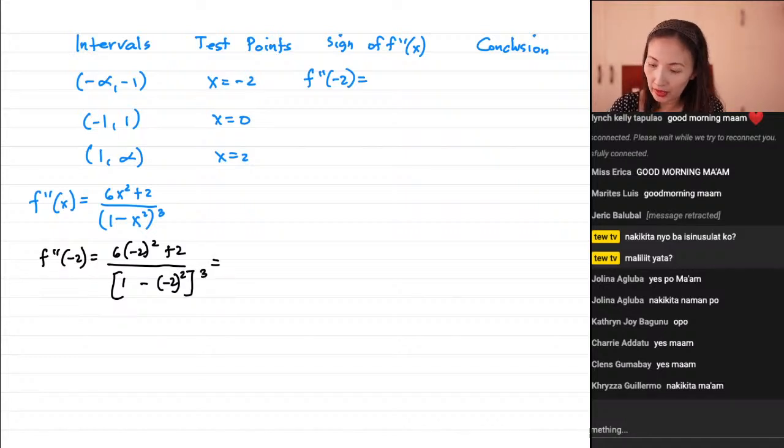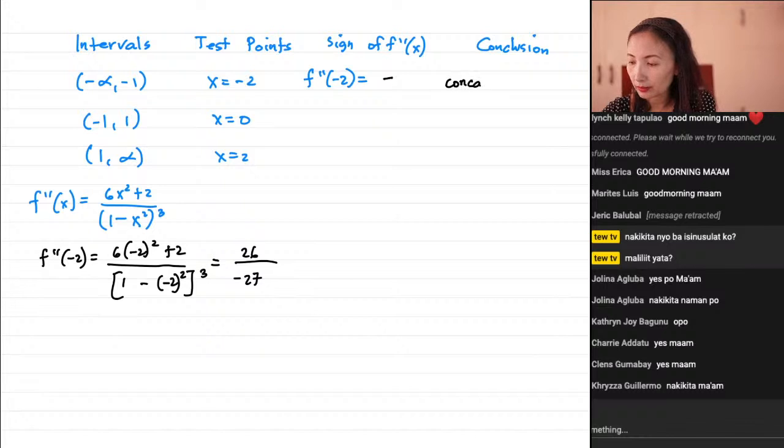Will this be positive or negative? So let's see. This is 24 plus 2, 26, all over 1 minus 4, negative 3, to the third power, negative 27, correct? So what can you say? Concave down, because it's negative.